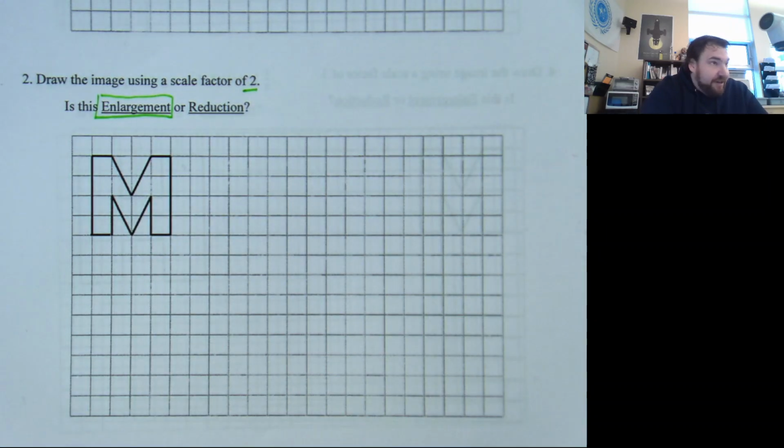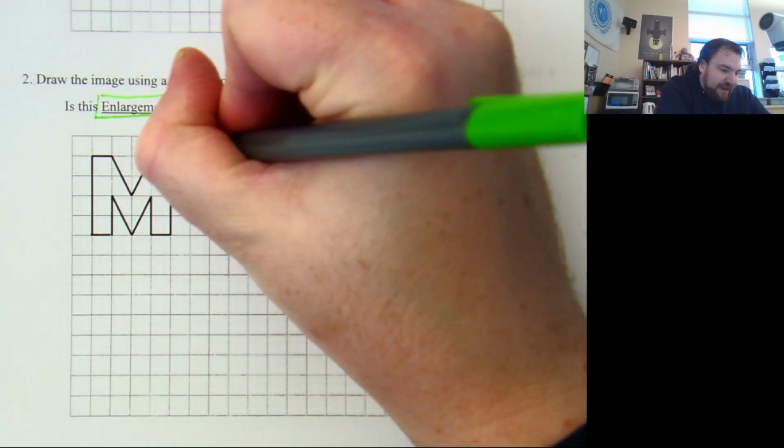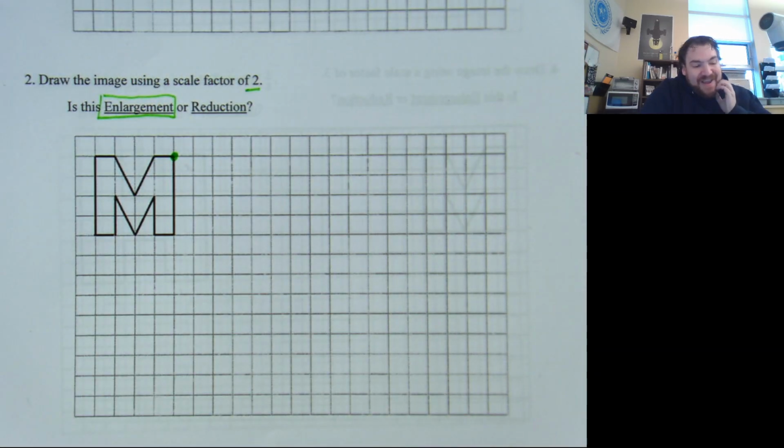So let's pick a place to start. I don't particularly care where we start. There are better and worse places to start. Someone tell me where we should start. Carson, you look like you were about to say something. Top right, bold choice. You want me to start right there. Okay?